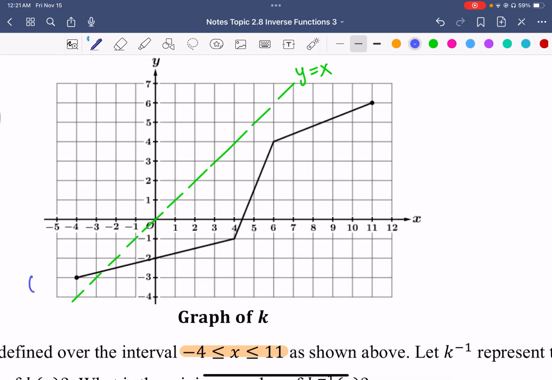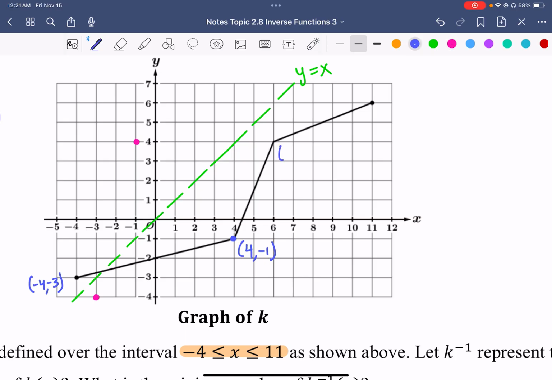So here we have negative 4, negative 3, which will become negative 3, negative 4 down here. And remember, I'm only using the endpoints because these are line segments. So 4, negative 1 will become negative 1, positive 4.